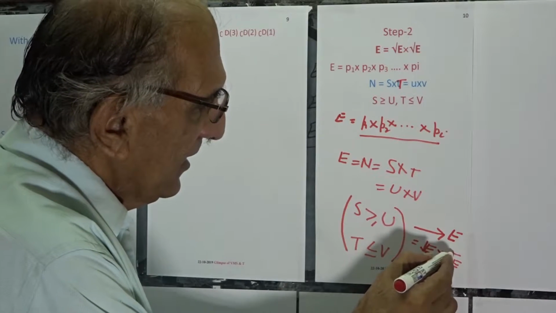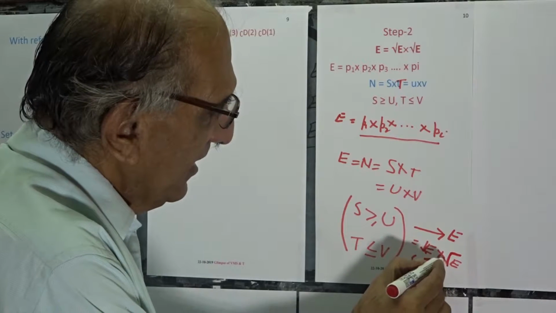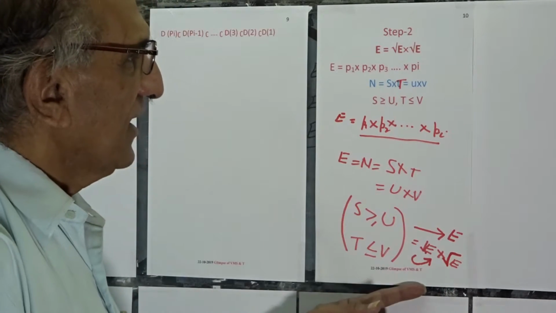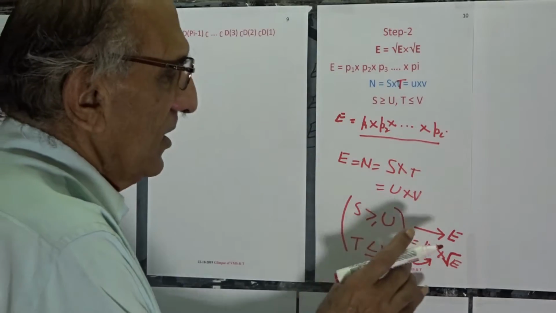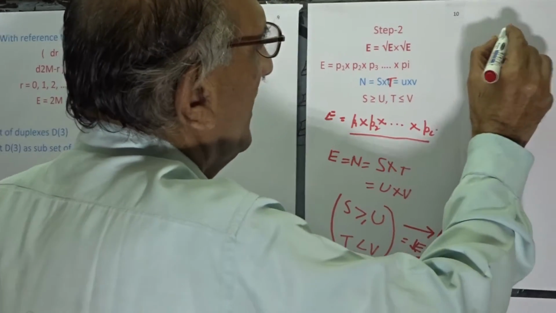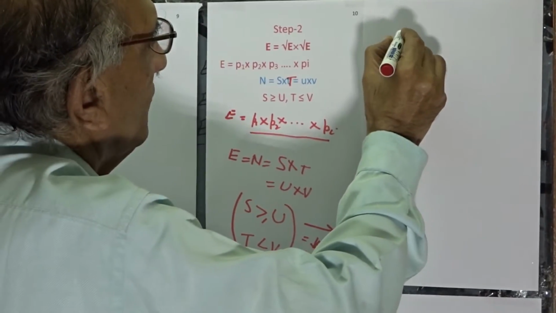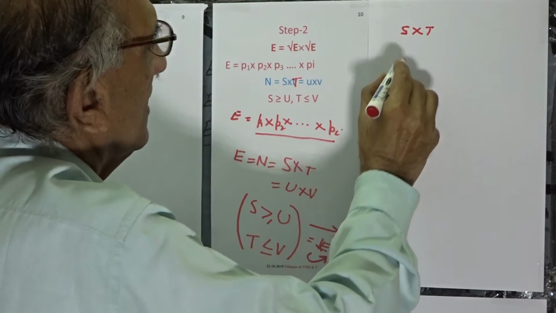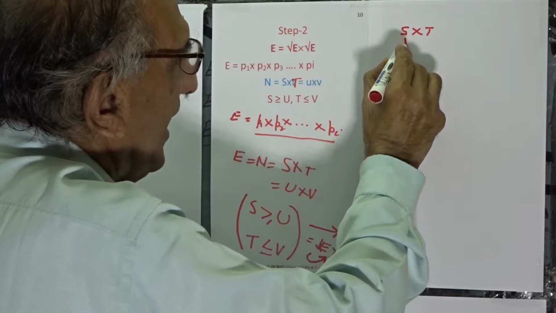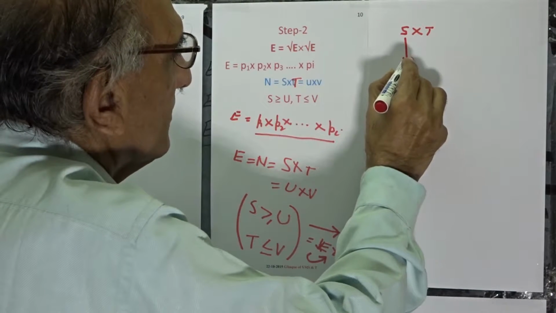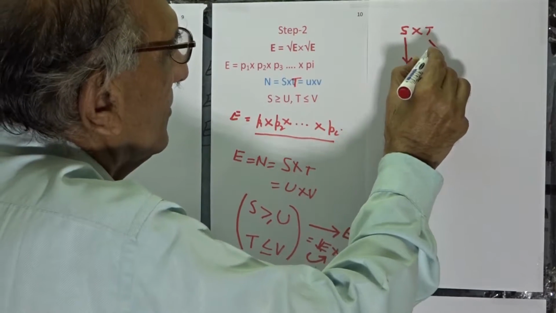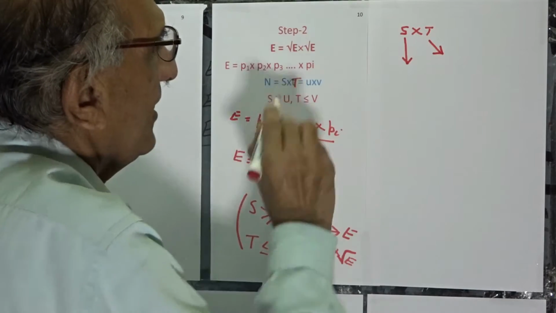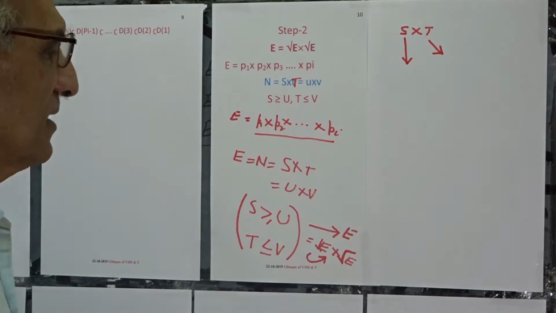Then if there is a prime up till E, the lesser will be the choice for the second, because we know that any number with the split s cross t, if we have a choice up till s, then the choice for t is automatically available to us.